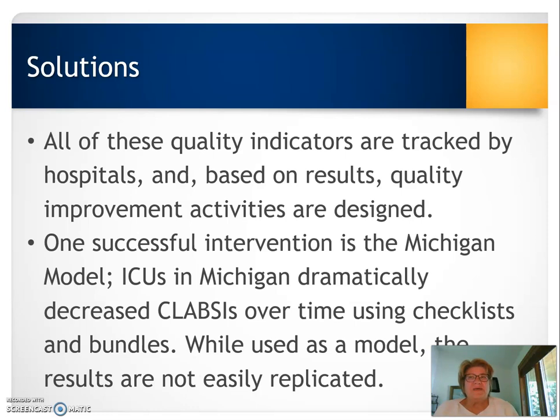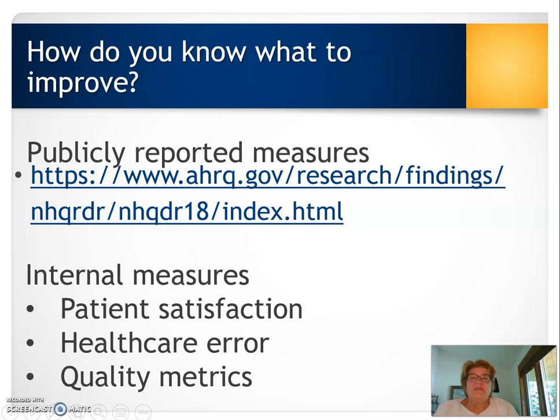So when you think back to implementation and some of the things we looked at for the surgical checklist, that comes into play. But nevertheless, these quality indicators and safety patient care error issues can be the source of really good improvement activities.